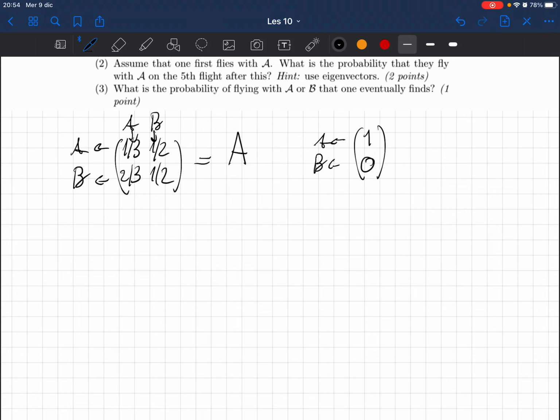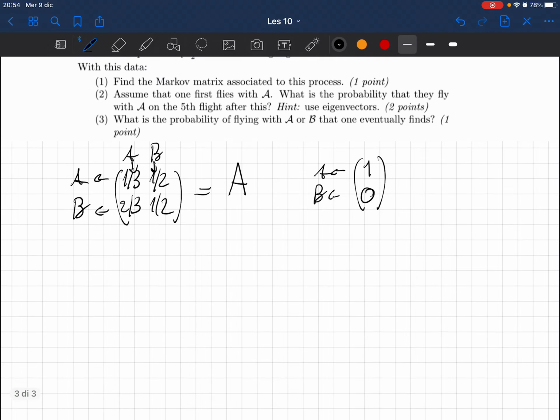What does the problem ask? Actually, the 5th flight after this means 5 iterations of this matrix, right?